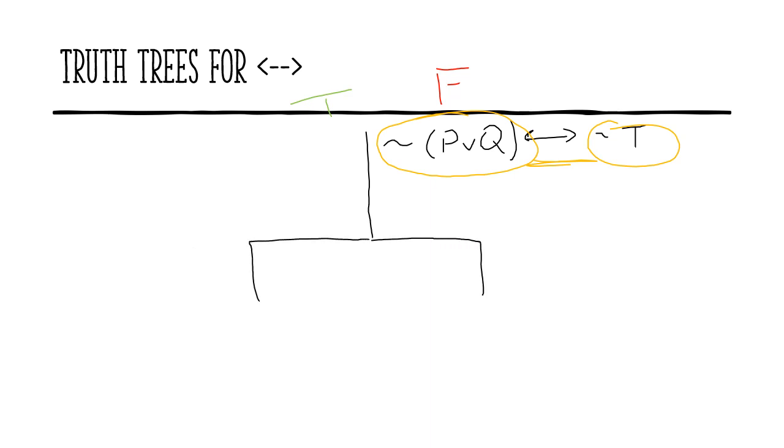Wherever both sides are true, oh, sorry, take that back. Wherever they don't match, that's what it should be. So wherever they don't match, so left side is true, right side is false, or left side is false and right side is true.